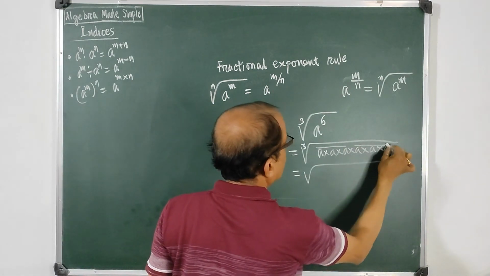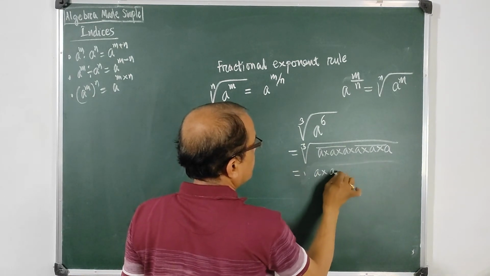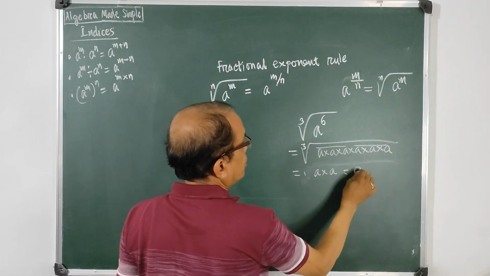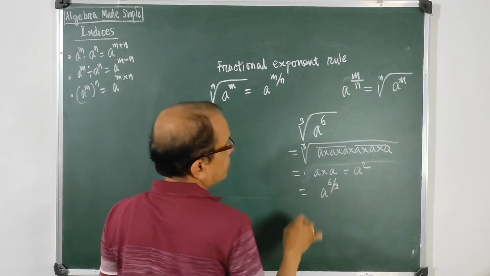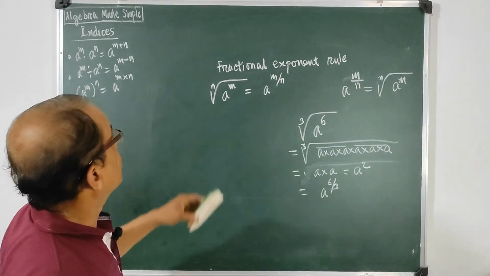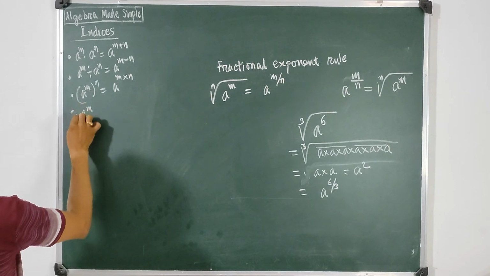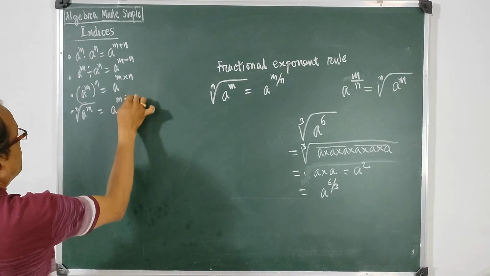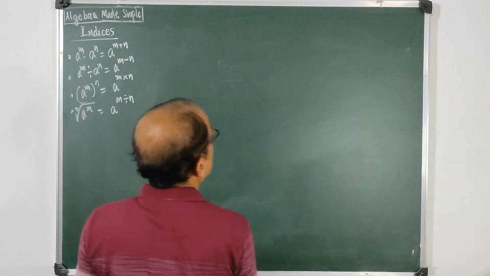There are 2 such groups, so this will be a from this group, a from that group, so it is a square, and this is also a to the power 6 by 3. So we have got this rule: the nth root of a to the power m is a to the power m divided by n. Then comes the next rule.